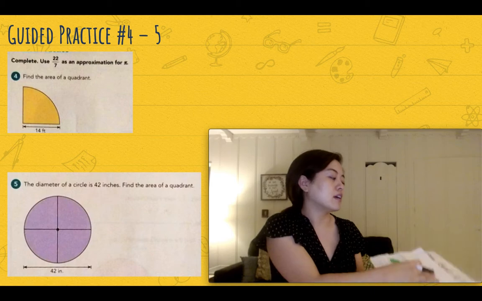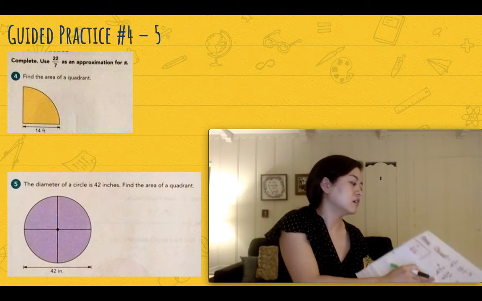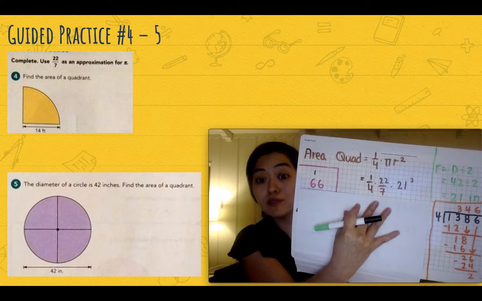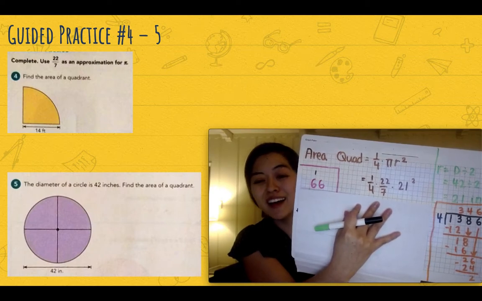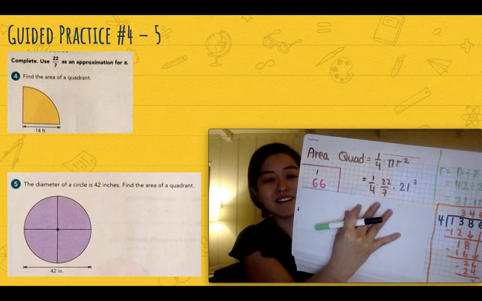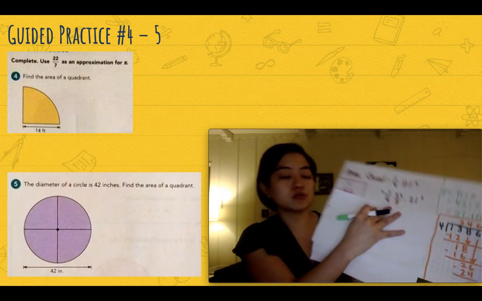Okay, and so let's see. So I'm inputting 1/4 times 22/7 times 21 squared. And before I do 21 squared, I want to make my life easier, and I want to try to work with simpler numbers than bigger numbers. And so I'm going to just do 21 squared as 21 times 21.